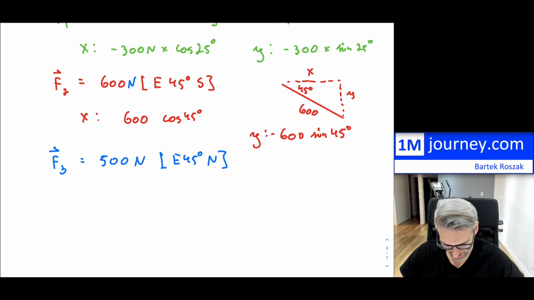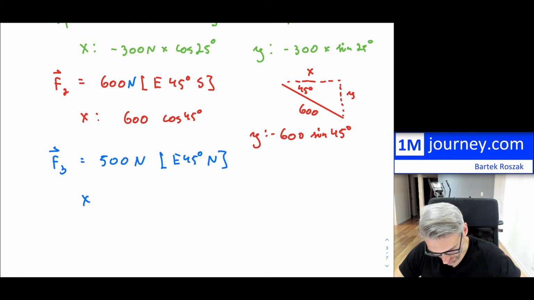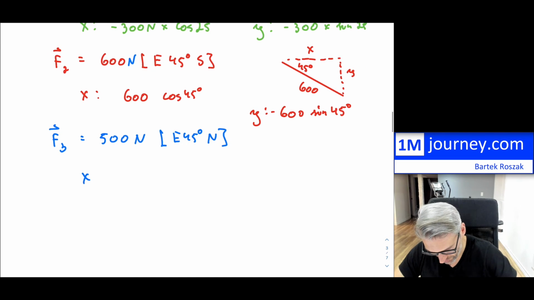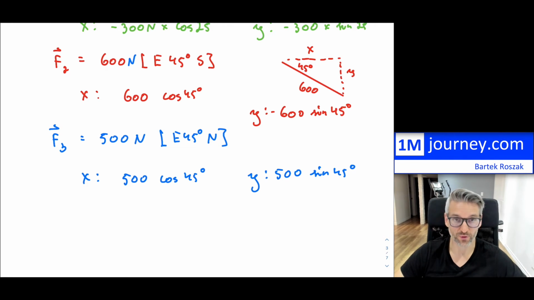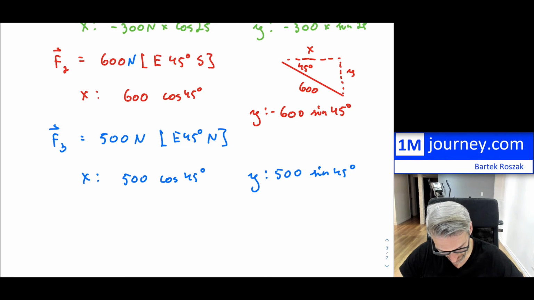Again, I'm just making this up so that I know which way I'm going. So your X component is going to be 500 cos of 45 degrees, to the right. And your Y component is 500 sine of 45, although cos 45 and sine 45 are equal to each other, and that's also going to be positive.